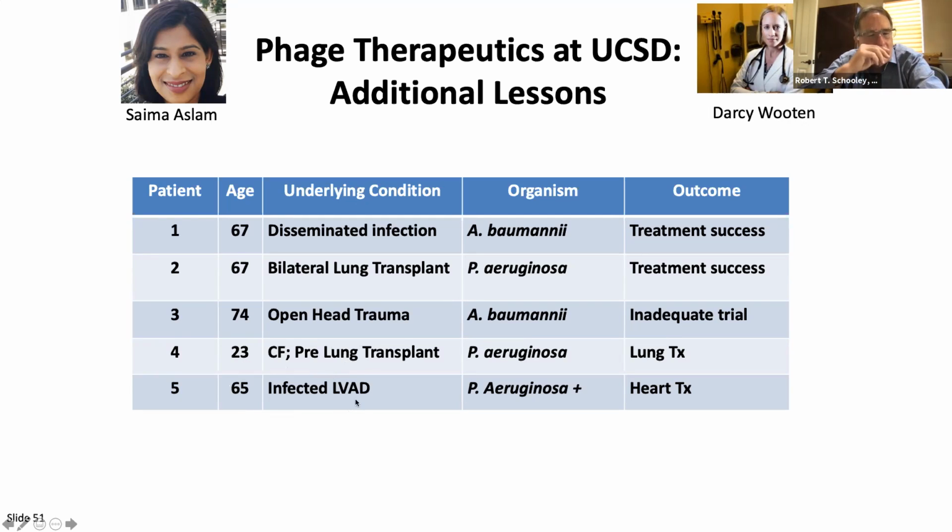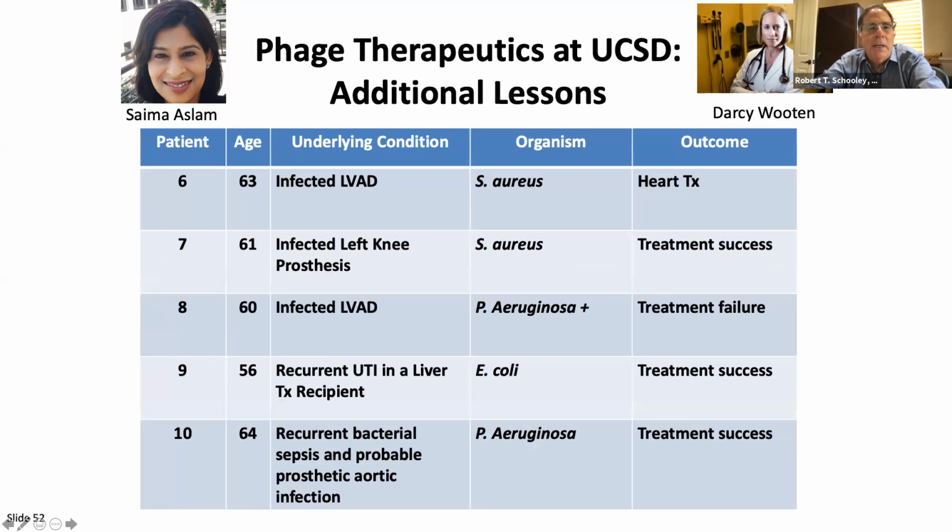Another patient who was treated was a man who had a left ventricular assist device that had become infected after transplantation. Simon has now had several of these. This one was Pseudomonas. She's had another patient who had a staph infection. And in these two cases, what was exploited was the fact that we were unable to clear the infection from these left ventricular assist devices with traditional antibiotics because the bacteria were protected by biofilms.